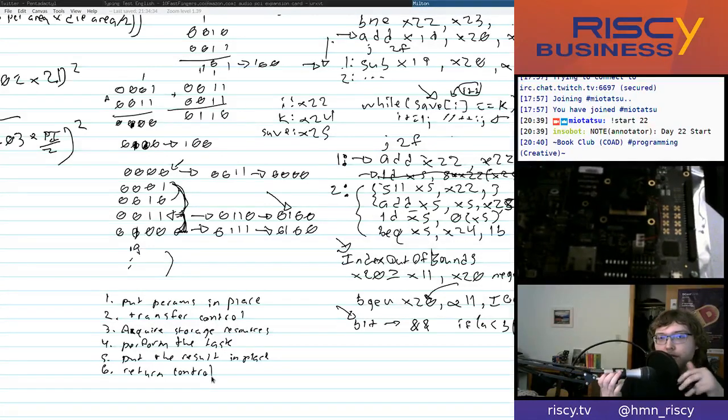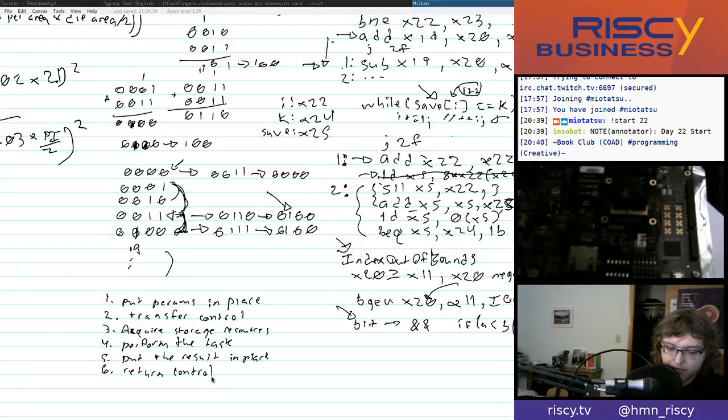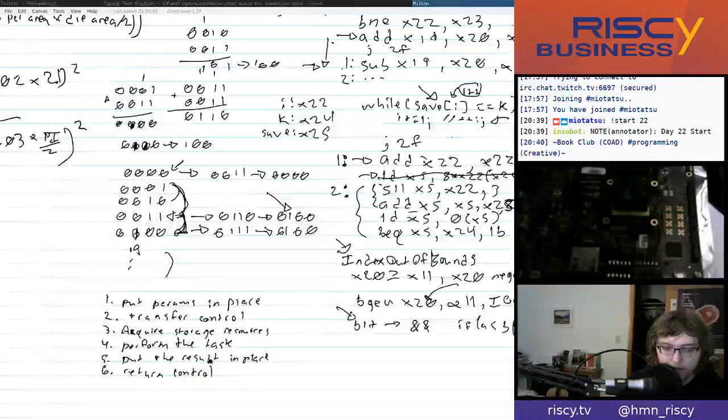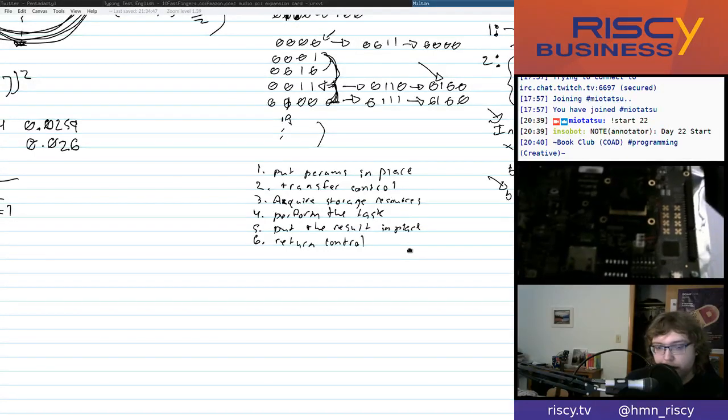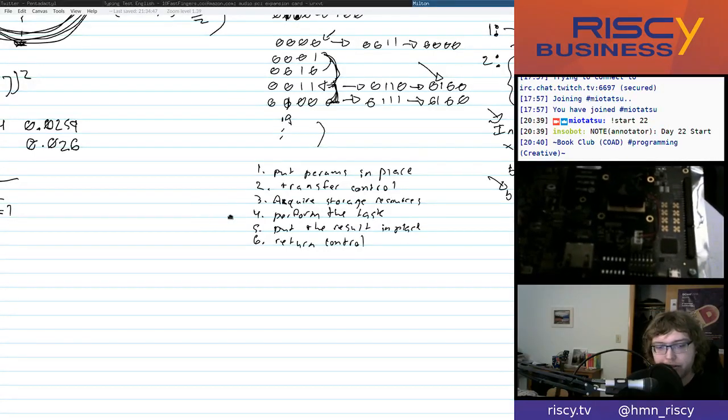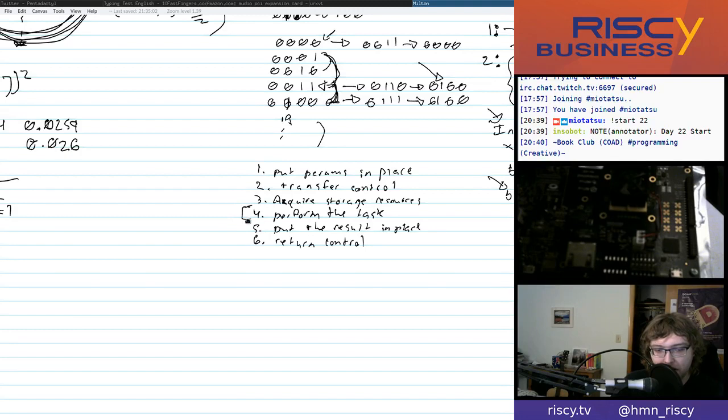Right. So this is what they're discussing, and I just want to go over this a little bit before we continue reading. Basically, calling conventions are all about this stuff here. Specifically, step 4 is just do the stuff that the procedure is supposed to do.